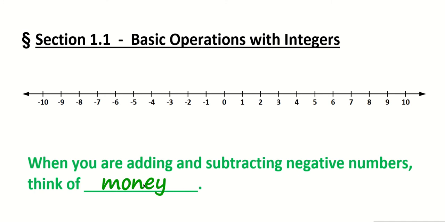So we might keep circling back to this whole example of money. If you had $10 and for some reason you lost $15 in the stock market or on a bet or something, you have $10 and you subtract $15, doesn't that mean you're now $5 in debt?